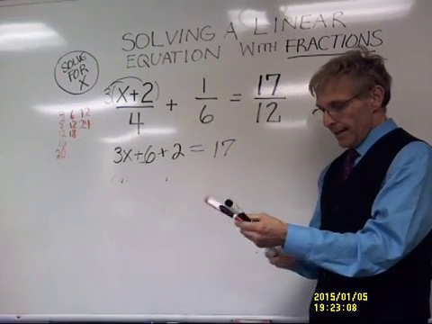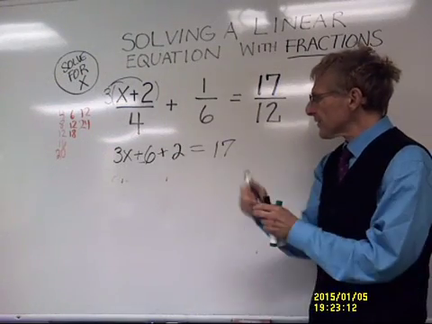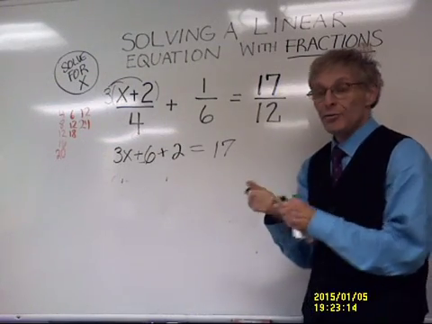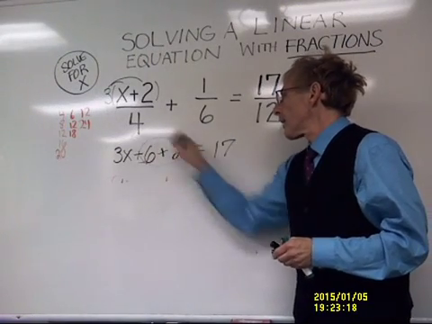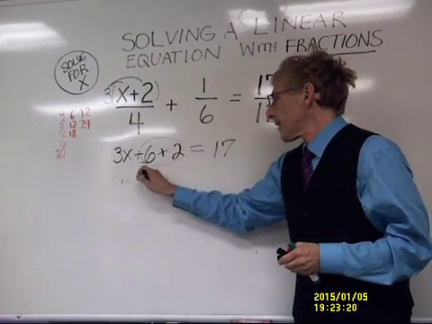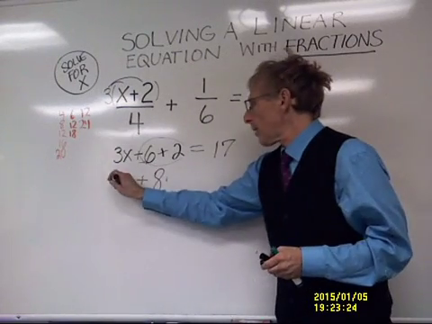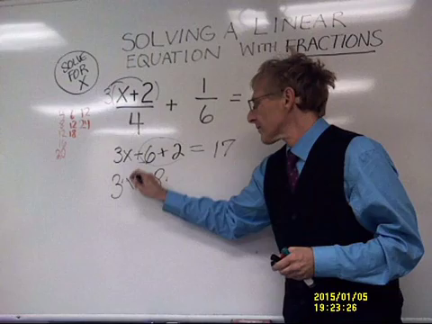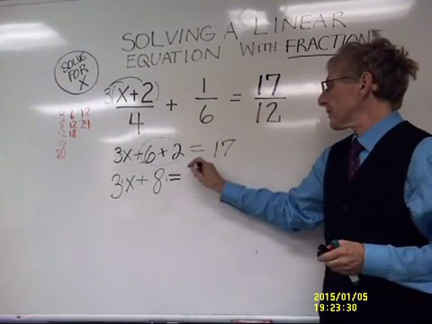So I do that like this. First, I have the 6 and the 2 on the same side of the equal sign. So I could just combine those two as 8, because they're both the same positive sign. I'll bring down my 3x, so I have 3x plus 8 equals 17.